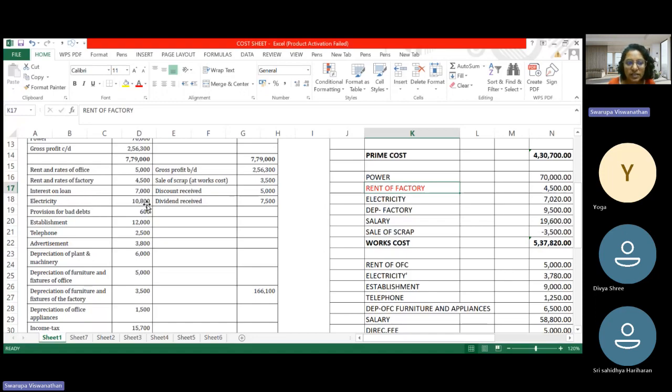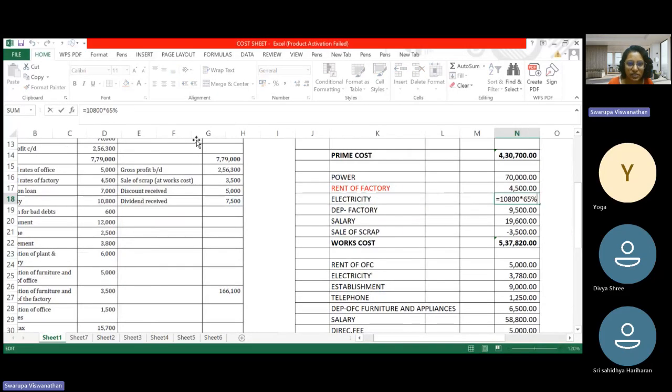Electricity 10,800. They have mentioned 65% is factory and 35% is to admin overheads. So electricity 10,800 into 65%, we are taking it to factory overheads.